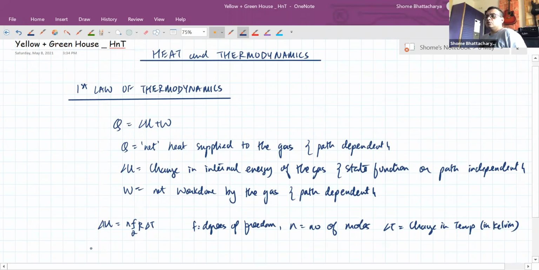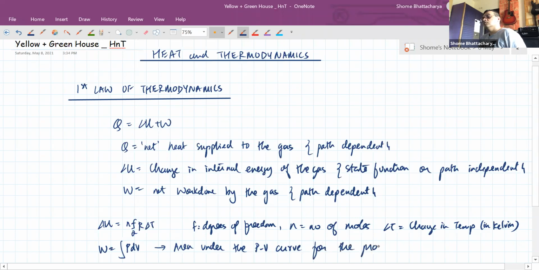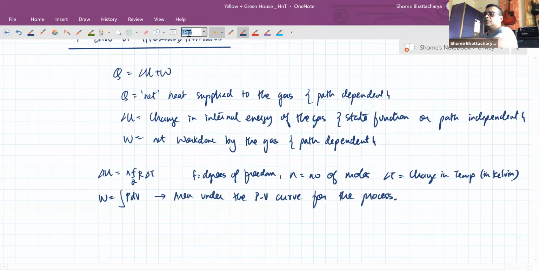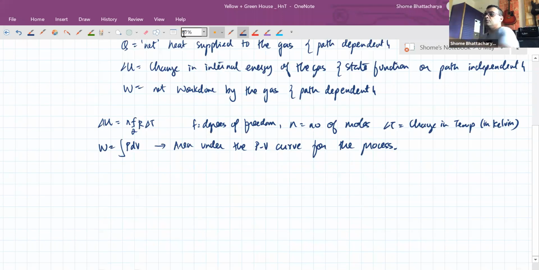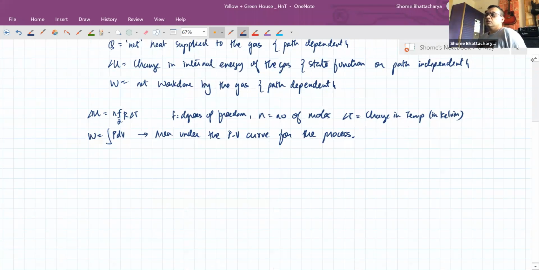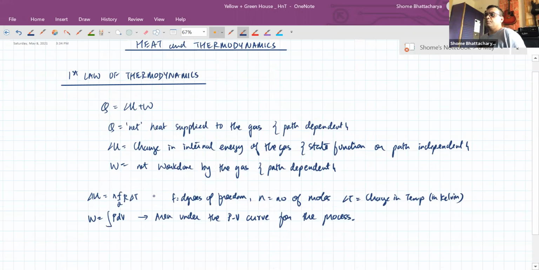Then we saw that work done by the gas is integration of PdV, or area under the PV curve for the process. And therefore Q comes from the sum of these two. So this is what we had discussed in the previous lecture and seen a couple of examples of application of the same. Now today we will look at the specific application of these for the 4 standard processes.